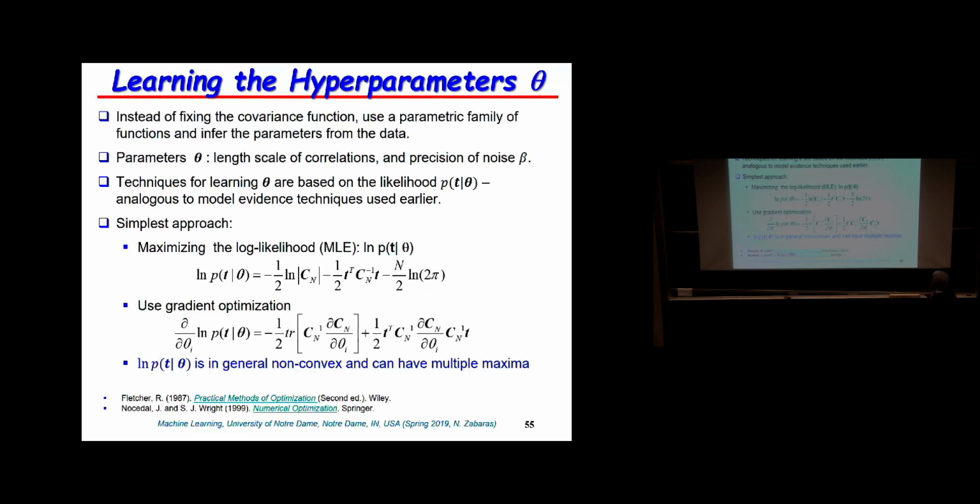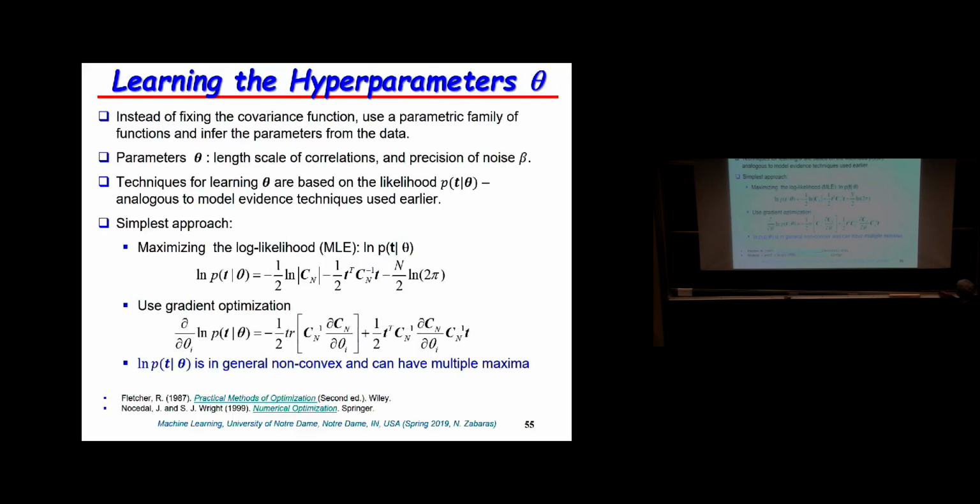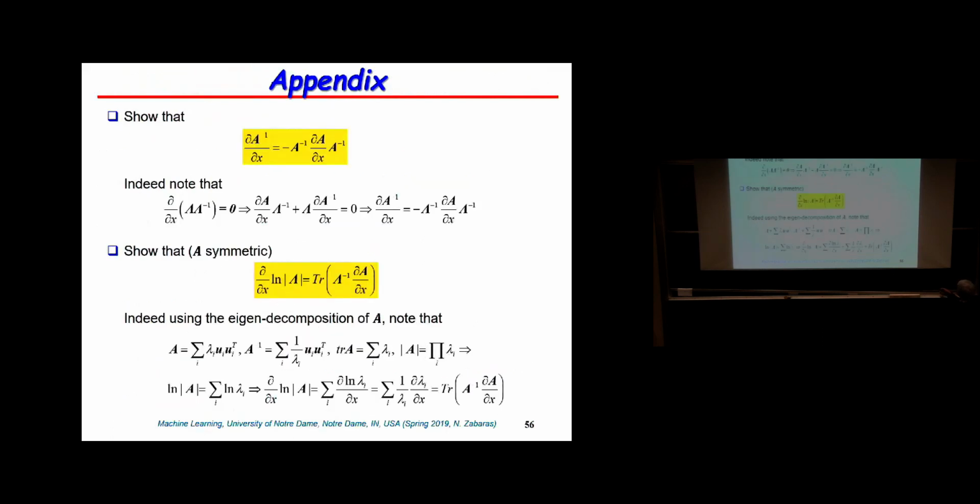Effectively, I give you the formulas that you will need. If you want to differentiate the inverse of a matrix, you can see here, this is a simple calculation of the gradient. And if you want to find the derivative of a log of a determinant with respect to an argument, it's basically the trace of A inverse times del A del x.